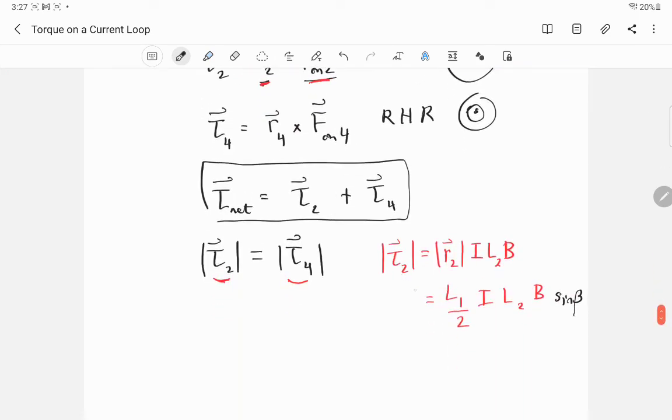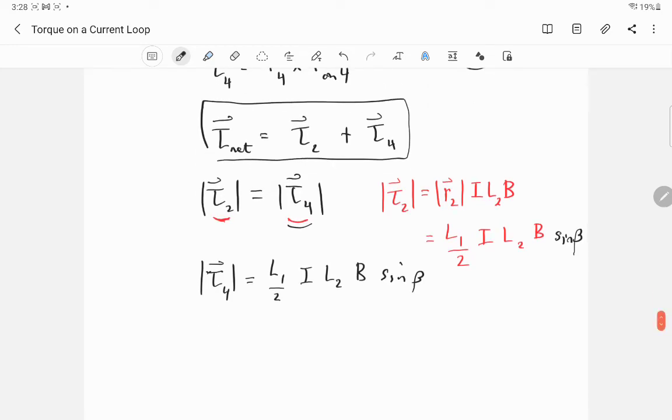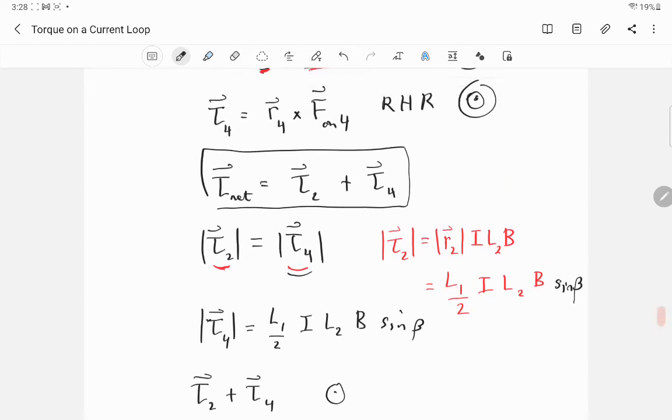So right now, this is pretty crazy, but you'll also get the same answer if you go through the process and try to figure out how to calculate the magnitude of the fourth torque. And the magnitude of the fourth torque is also going to be exactly this same expression. So it's L1 over 2, I times L2 times B times the sine of that angle beta. And then when you add together torque 2 plus torque 4 as vectors, the direction is again going to be out, right?